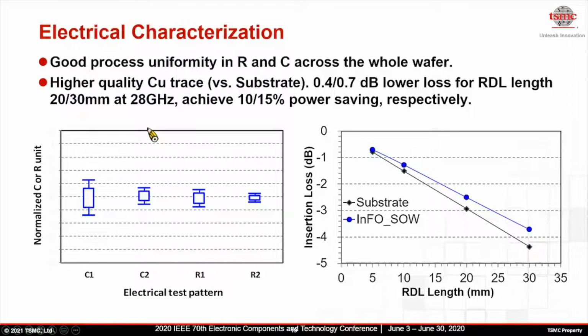Higher quality copper trace against substrate, again coming from InFO process, enables lower insertion loss and significant power savings, tested at 28 GHz for various trace lengths.